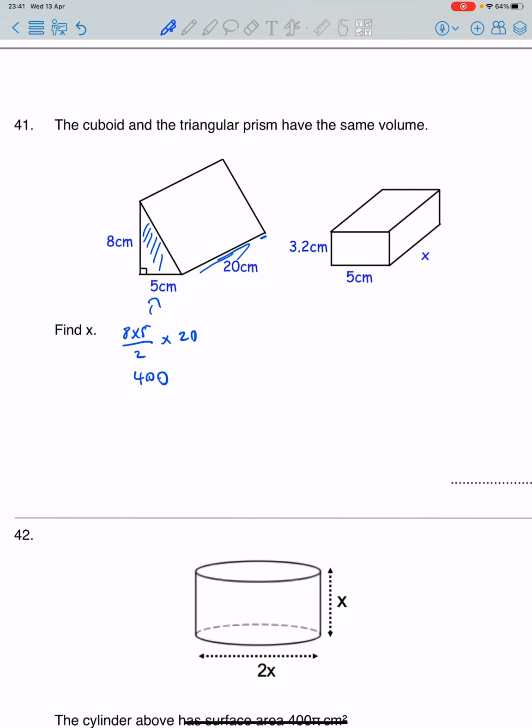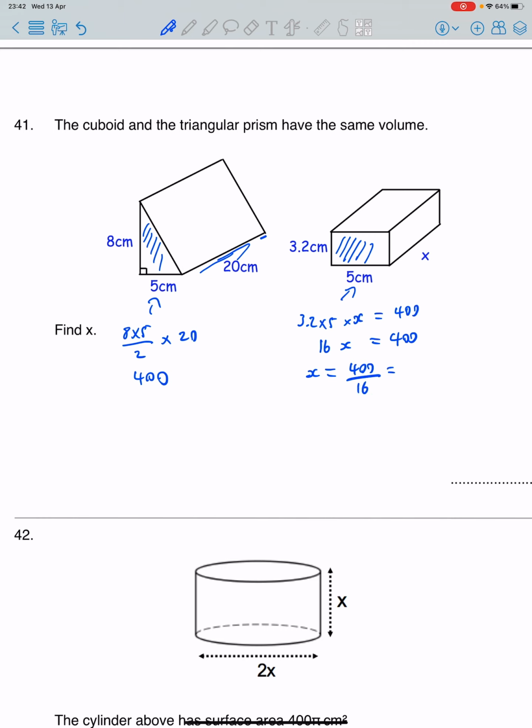Okay, that means that for this, we've got the area of the cross section, which is over here, 3.2 times 5, that's the area of that rectangle, multiplied by x, that's going to have to equal 400. Now, what is 3.2 times 5? Well, 3 times 5 is 15, 0.2 times 5 is 1, so 15 plus 1 is 16, so that's 16x equals 400, so x equals 400 over 16.